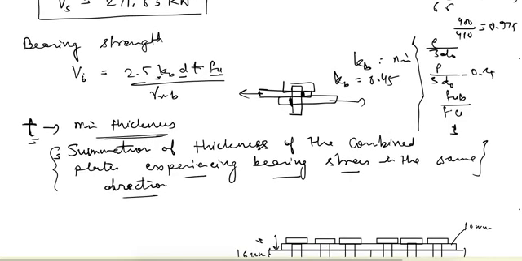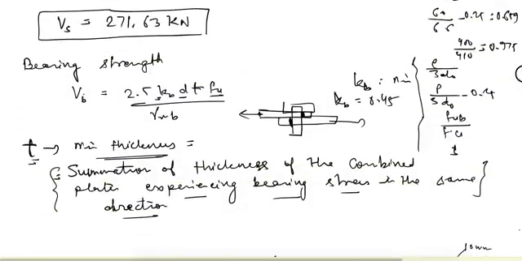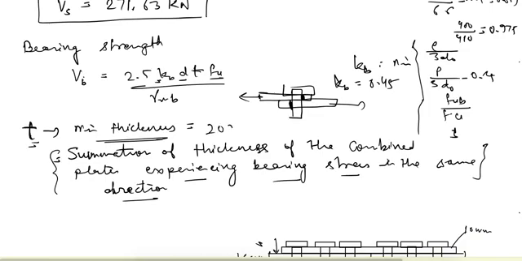Here we can simply take it as the thickness of a single plate, which is given as 20 mm. Rest of the things are given, we know everything, so we can find out the bearing strength here.